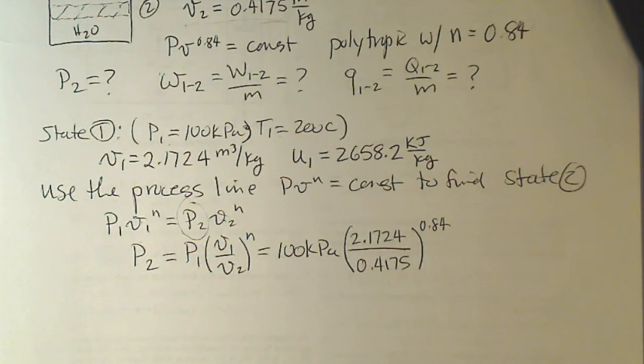All right, I'm sorry, my calculator's not quite as sophisticated as I hoped it was. Let's try it one more time. 2.1724 divided by 0.4175.